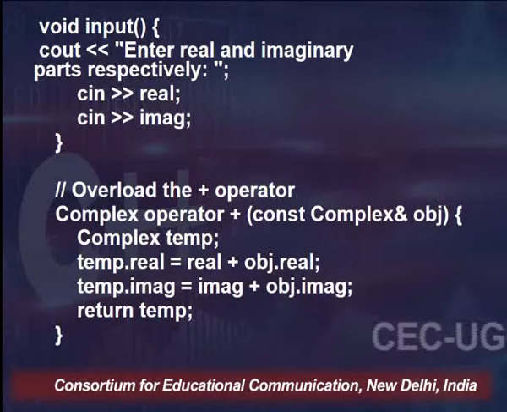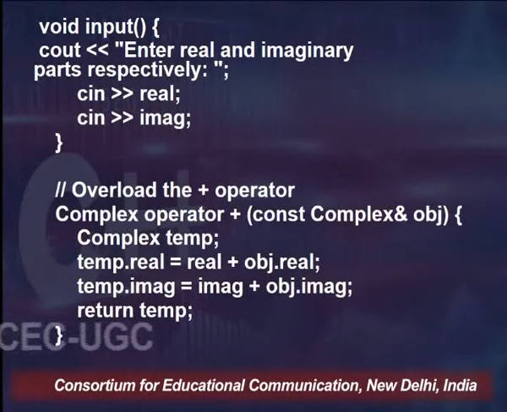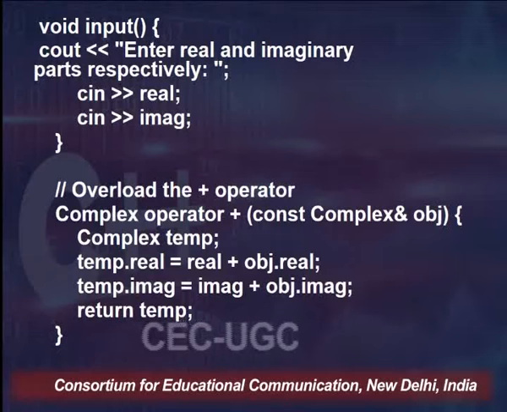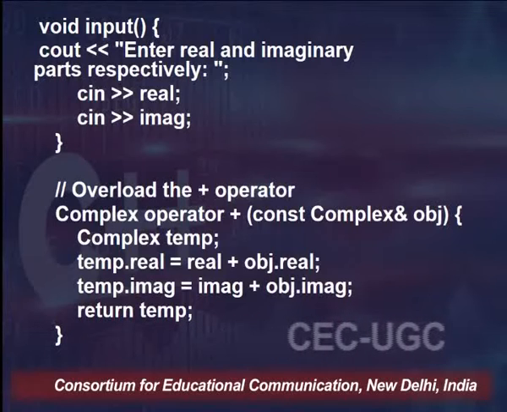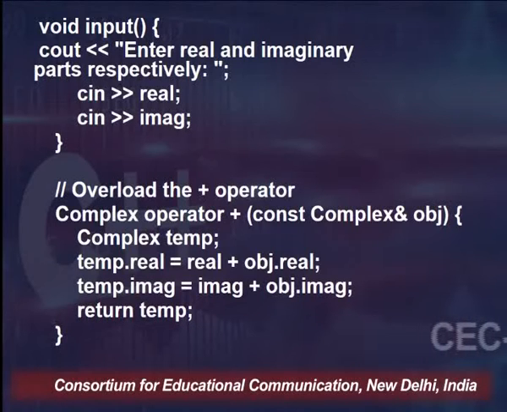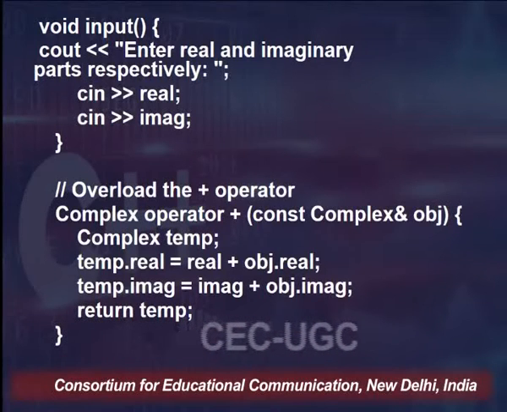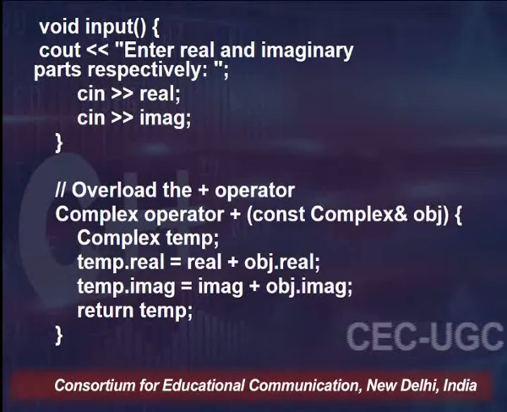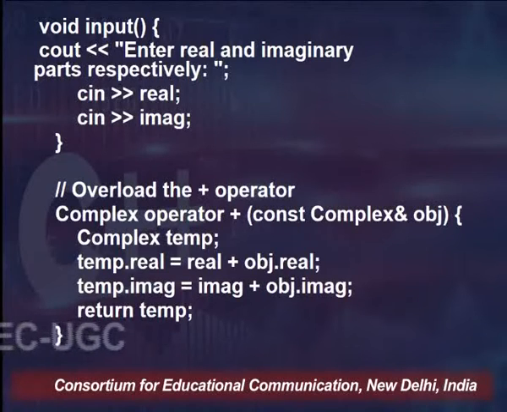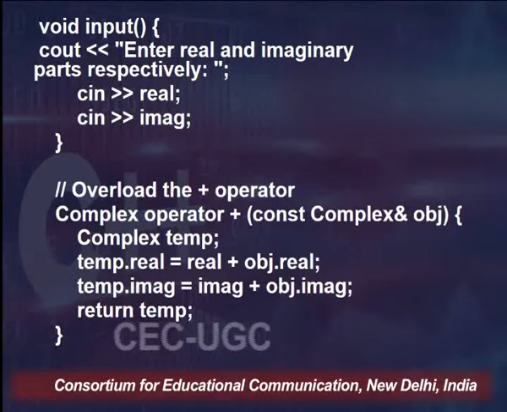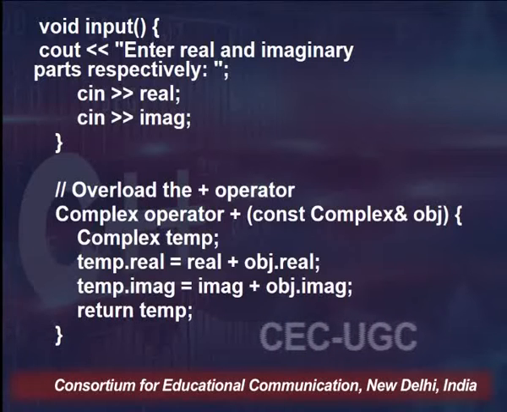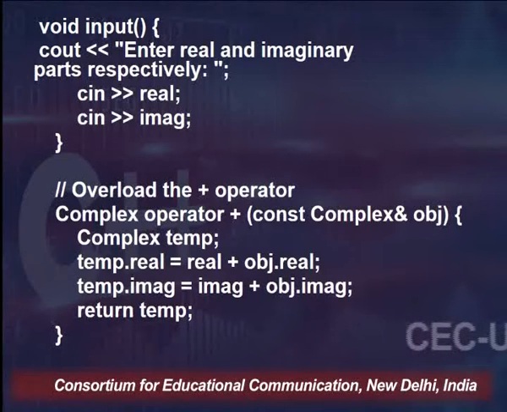Then, within the brackets, I have passed one object of the complex class, and that too is passed by reference, not by value, along with a const keyword. This const keyword and passing by reference both have their own individual utilities, which I will be covering in a short while.